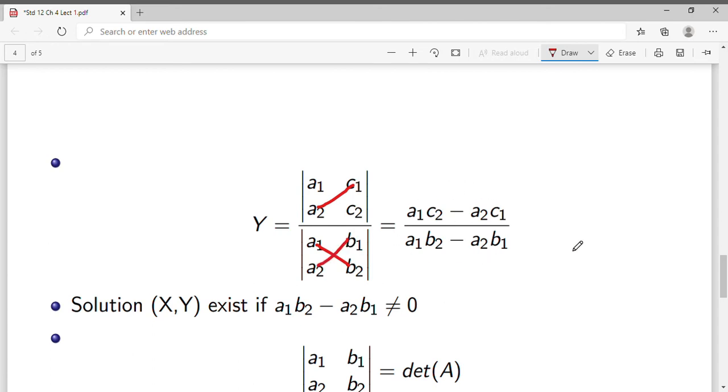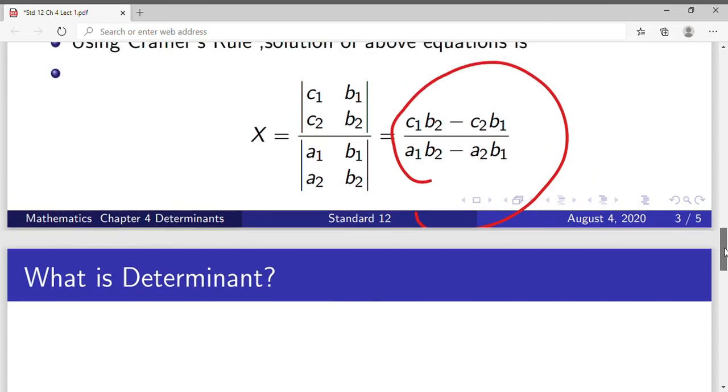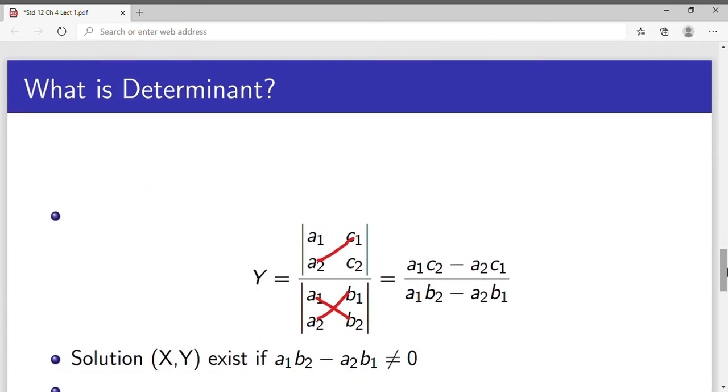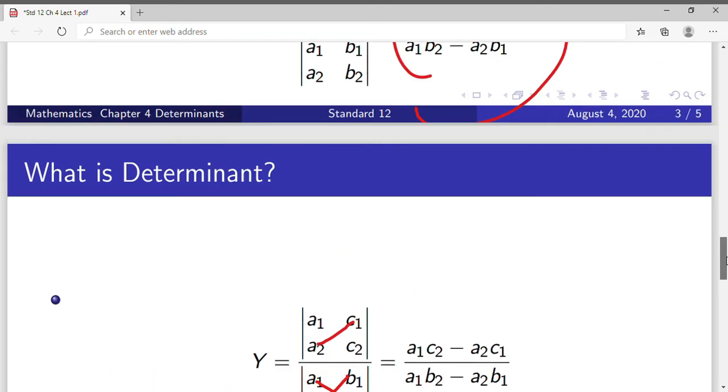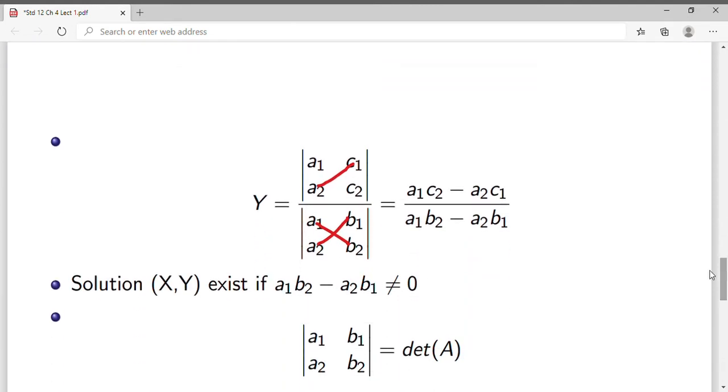Now observe the values of x and y. x and y are the solution of the system of linear equations, but what do we have in the denominator? We have a1 b2 minus a2 b1, and in the same way here we have a1 b2 minus a2 b1. So the solution x and y exists if the denominator is not equal to 0, that is, a1 b2 minus a2 b1 is not equal to 0.